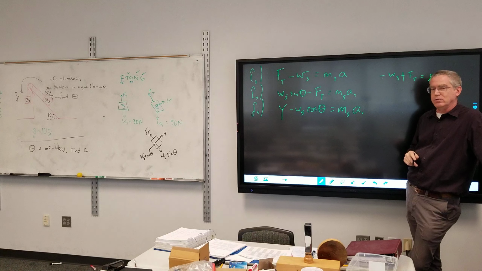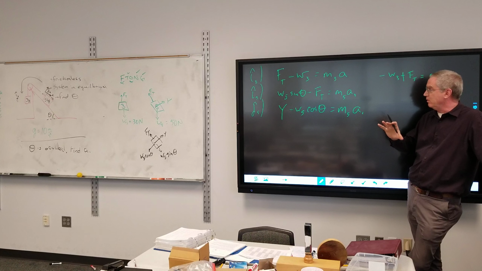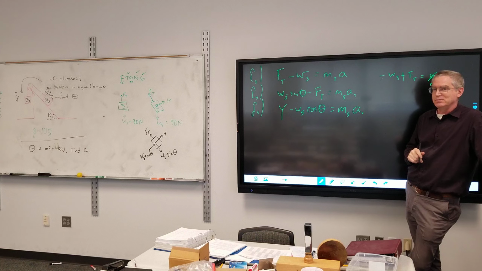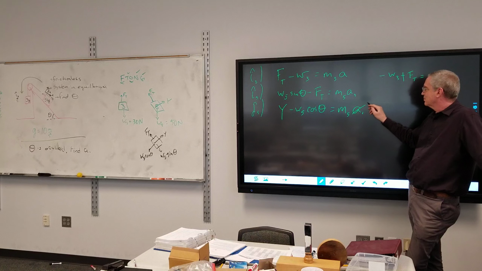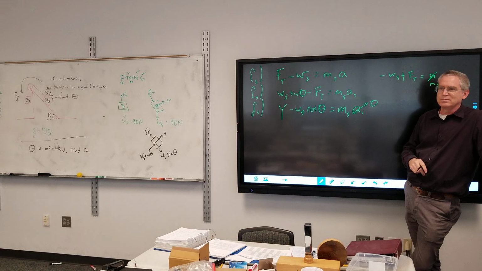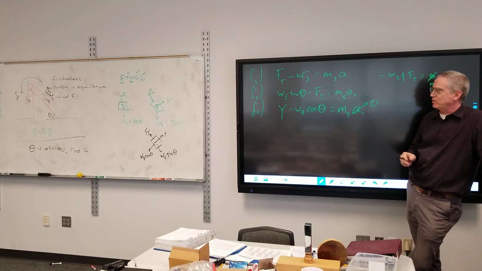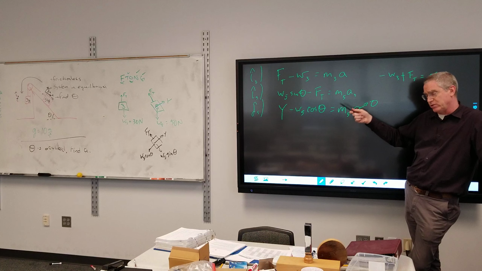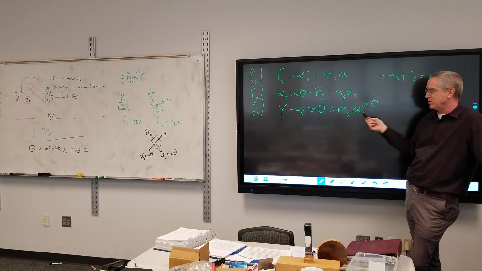But we can actually do better than that, because if we try to solve this, we're going to run into some issues. Well, there shouldn't be any J acceleration, right? If it's going parallel with the y-axis. Yeah. And again, the reason why we pick our coordinate system this way, so that one is in the direction of acceleration, one is perpendicular, is so we get one of these equations equal to 0.